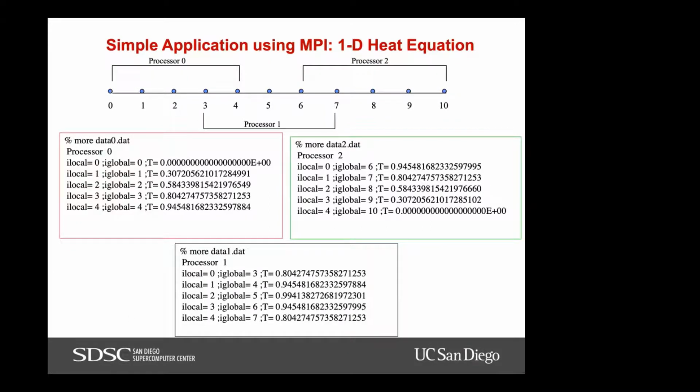You can overwhelm a file system very easily if you're not careful with IO, especially if you're doing file per core. One example of this is the code OpenFOAM, which is an open source CFD code. By default it writes a file per core. But not only that, they do file per core per variable. So if they have 5 variables like pressure, velocities, and a temperature or a density, they will print all of them out in different files.